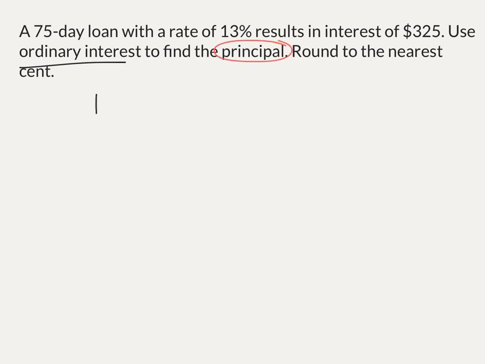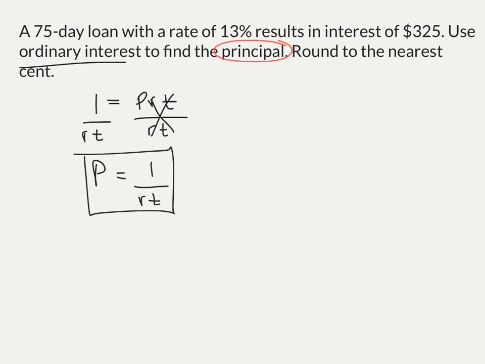Usually we have the simple interest formula, which is I equals P times R times T. But we want to solve for the principal this time. So we can divide both sides by R times T, and that gives us a formula saying that the principal, P, equals I divided by R times T. So we'll use this formula to solve for the principal.